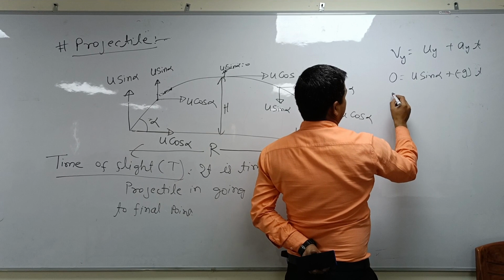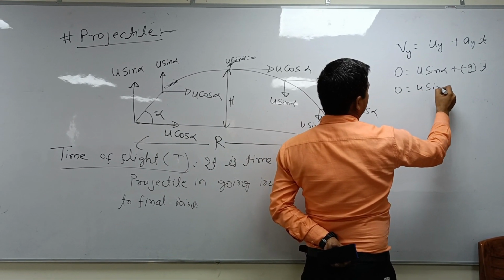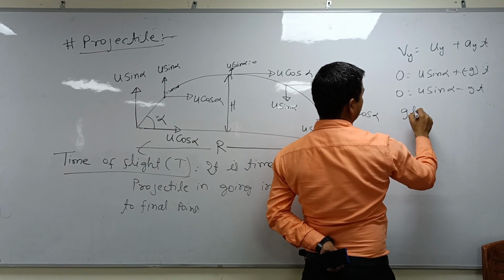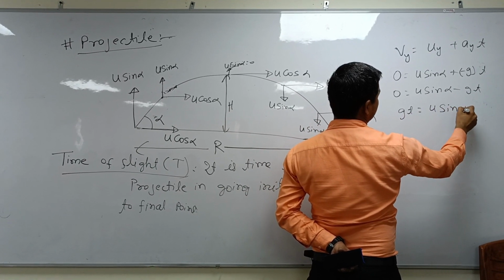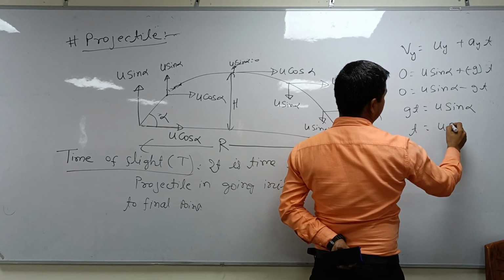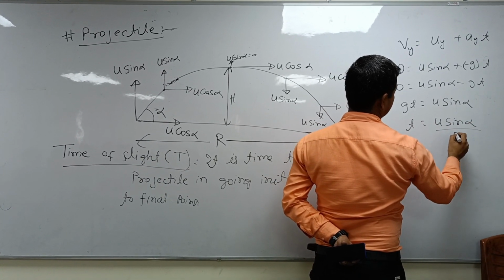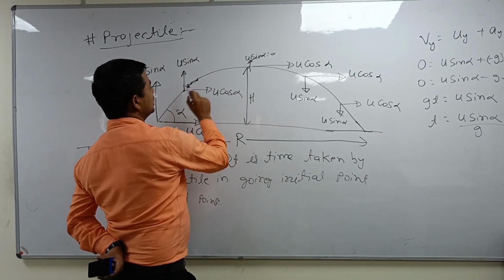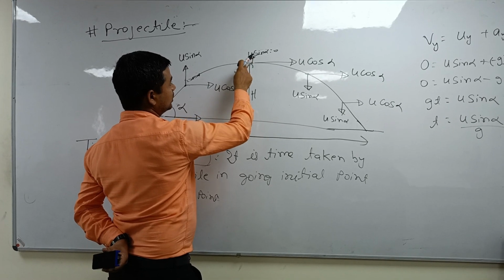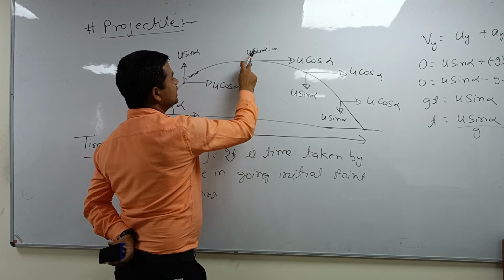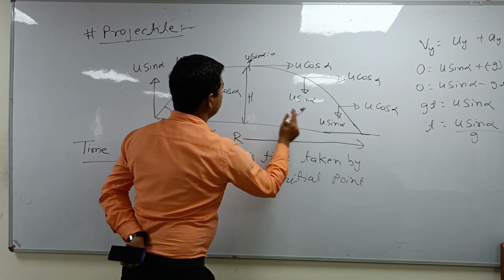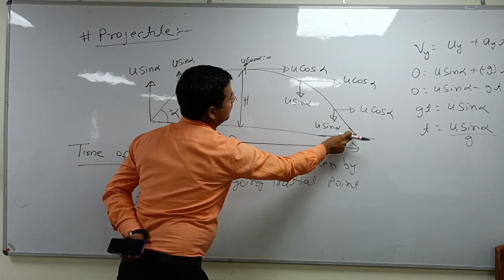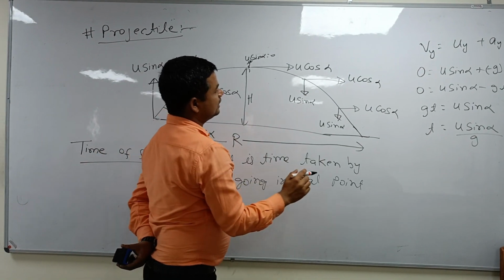Here we get 0 equals u sin alpha minus gt. Changing sides, gt equals u sin alpha, so t equals u sin alpha divided by g.